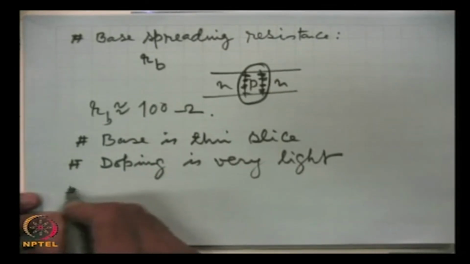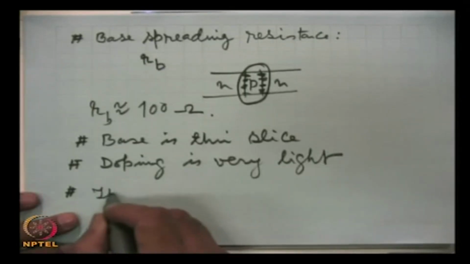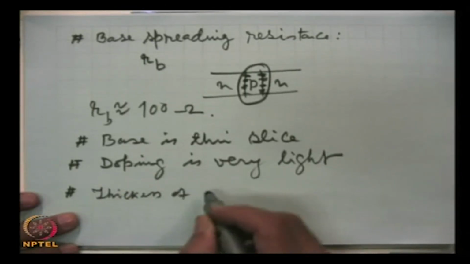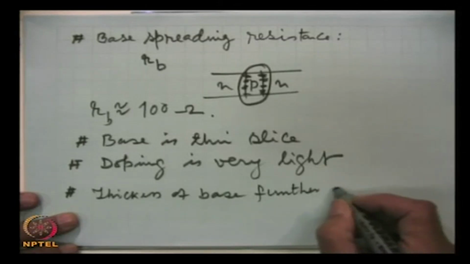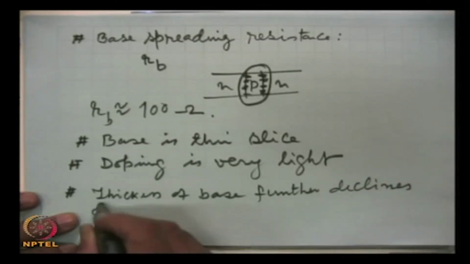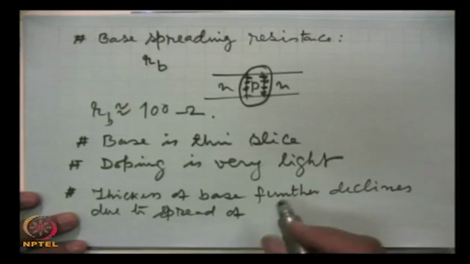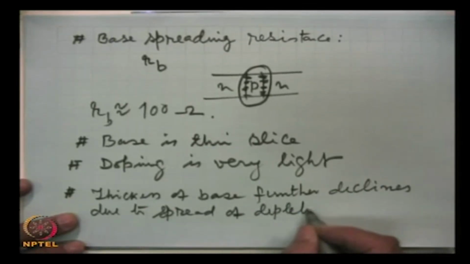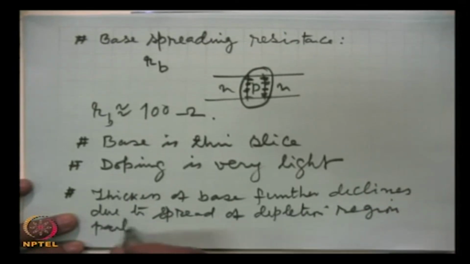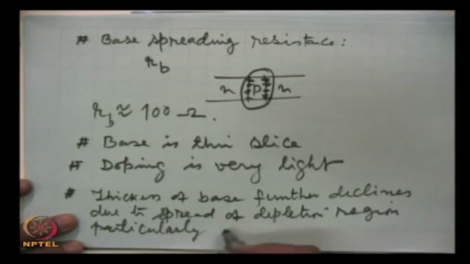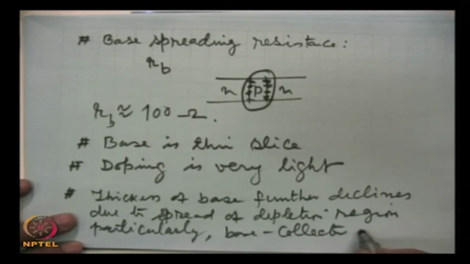And the third point which contributes to this is that the thickness of the base further declines due to the spread of the depletion region, particularly the base collector region.